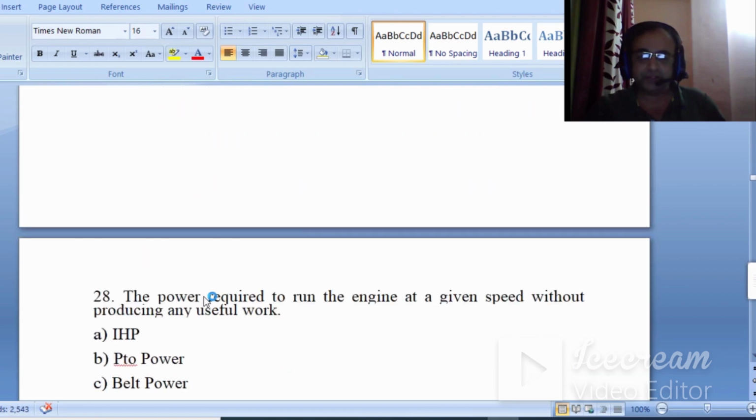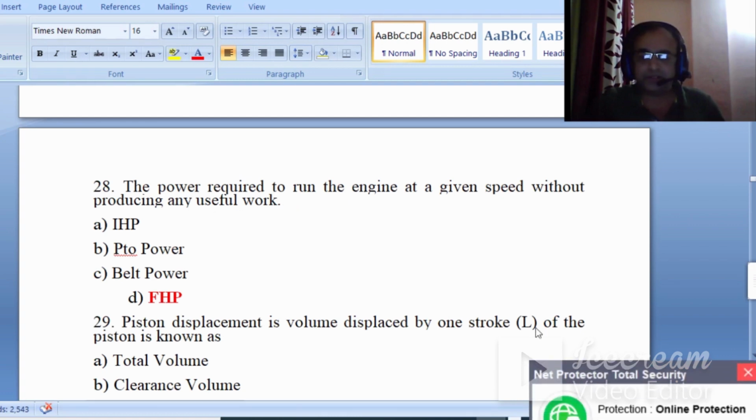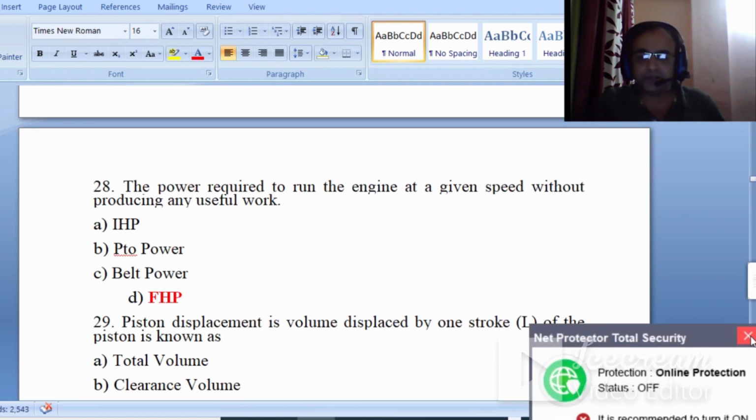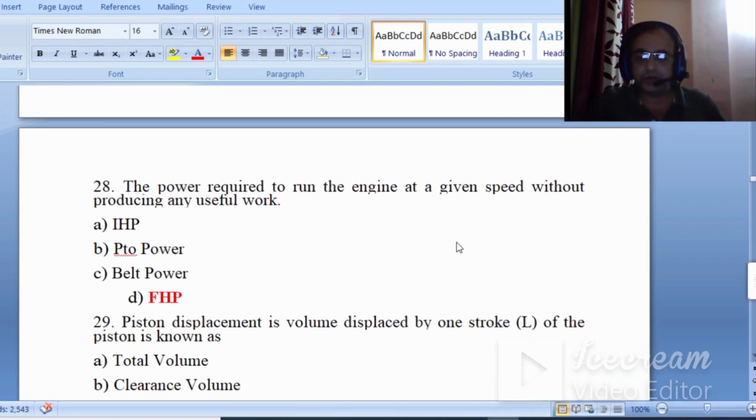Then the next question is the power required to run the engine at a given speed without producing any useful work, because this is used to overcome the frictional losses.